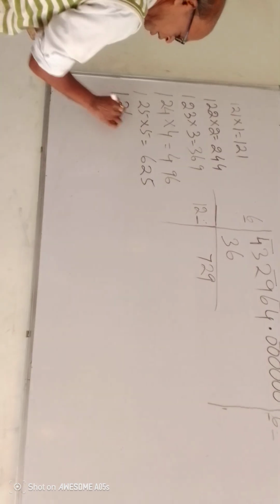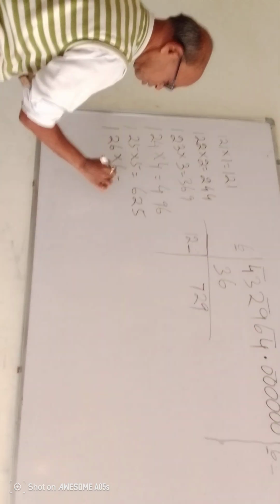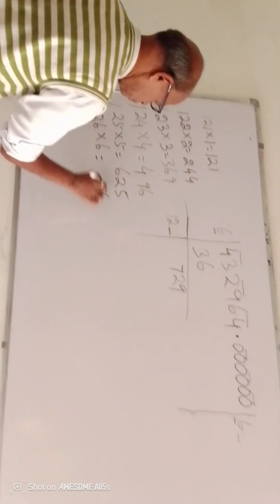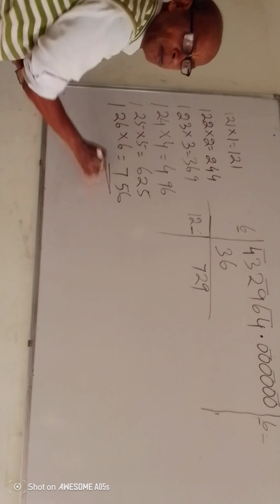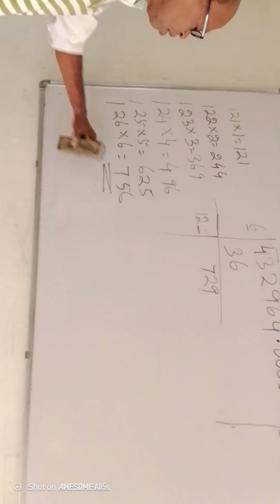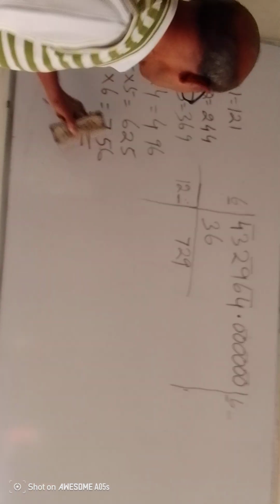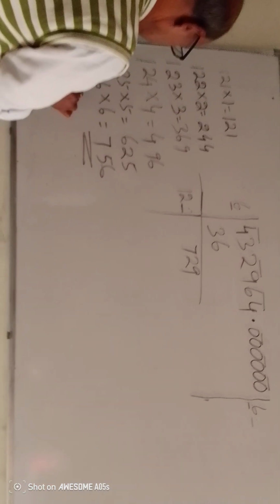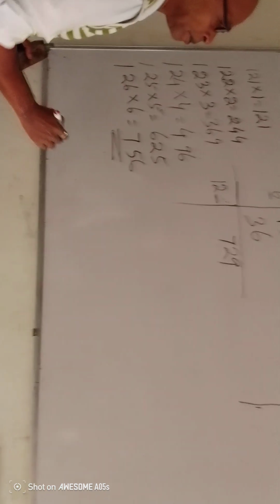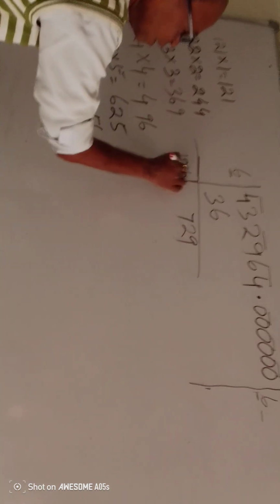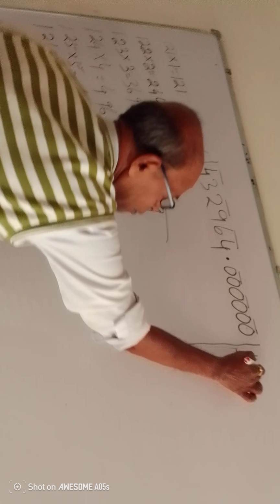Now if I put 6 into 6, it is becoming more than 729. So our required number is 5. Now you put 5 here.